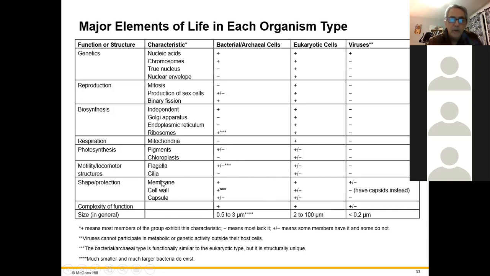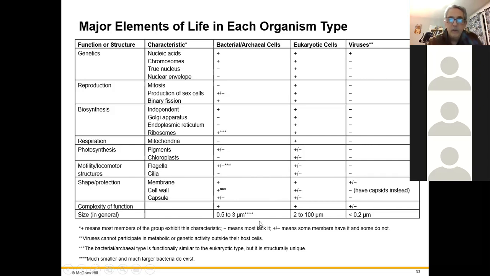The cell membrane: viruses can have a cell membrane, but they take it from the host cell that they infect. Viruses do not have a cell wall. They do not have a capsule. They do have a protein capsid that their genetic material is in.